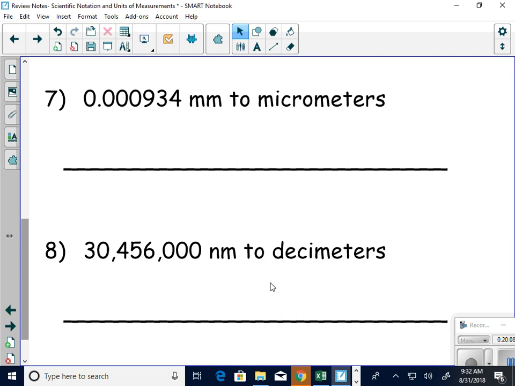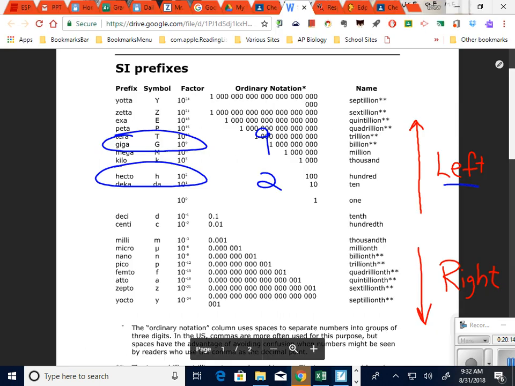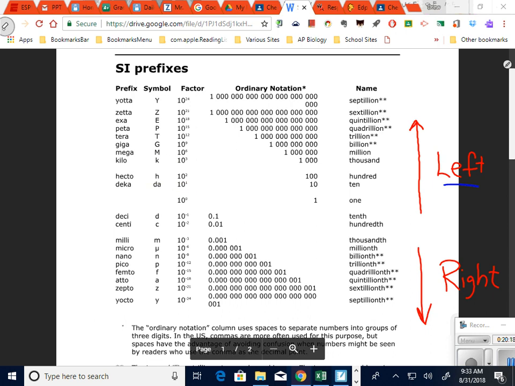All right, here we go. We're back onto this millimeters to micrometers. Okay? Millimeters to micrometers. I find milli right here, -3. Micros right below it at -6. So I am jumping my decimal 3 places. In what direction?